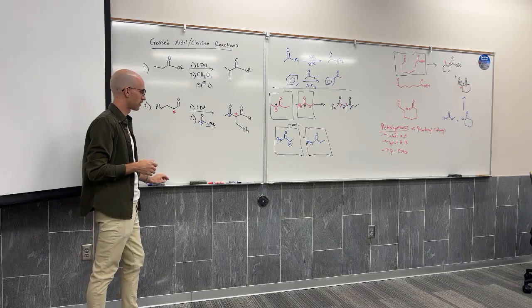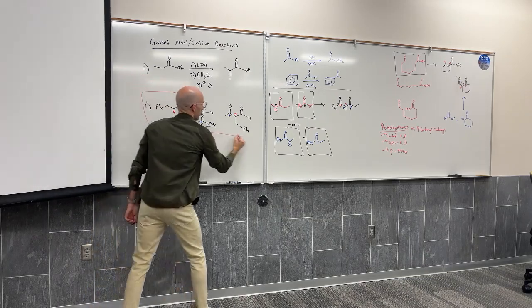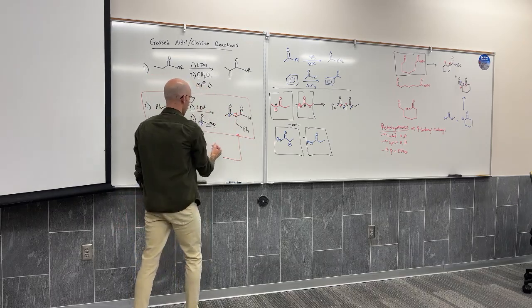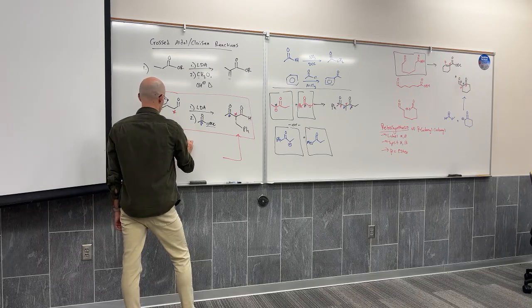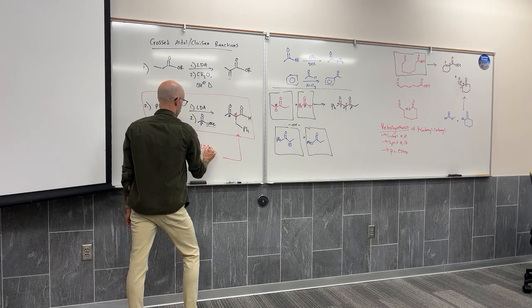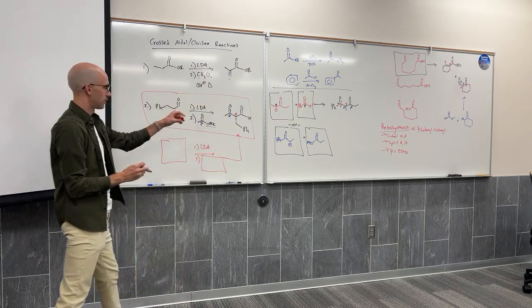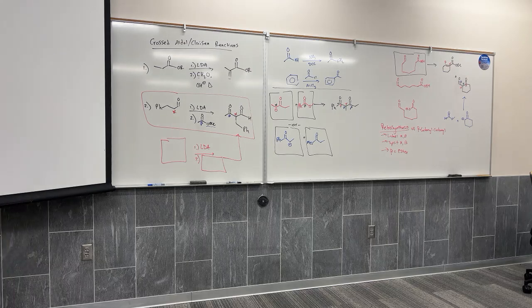All right, so I'm going to give you guys one last task. In this example that I gave you before, we made this product. I want you to show me two different starting materials that can be used in a very similar way to make that same end product.